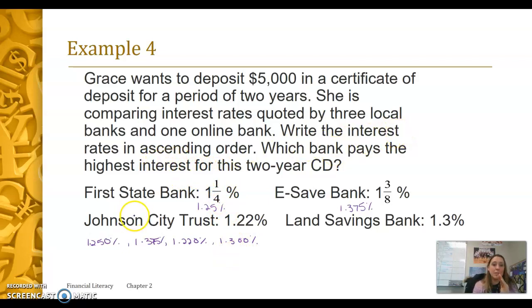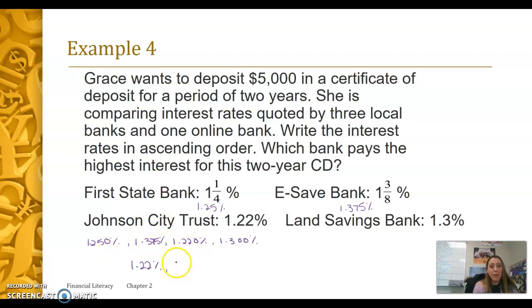If we do that, now we can do that a little bit easier. So when we look at these, I can see that this number is the smallest number. And so when we write our answer, we're going to write it in the original form. So Johnson City Trust was the first one. And then the next largest is going to be this First State Bank.